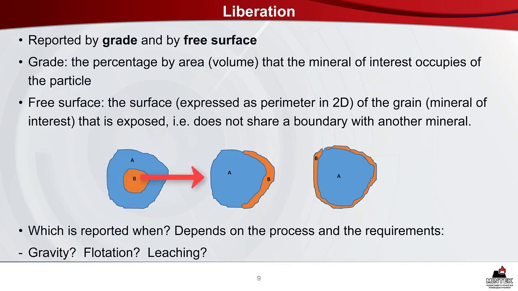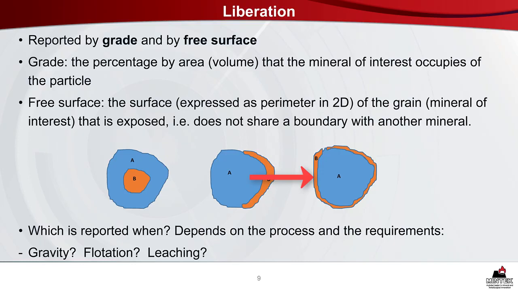In the middle particle, 50% of mineral B is exposed to the outside, and 50% of mineral B is attached to mineral A. And funny enough, say it is here. 50% of mineral B is touching mineral A, and 50% of mineral B is exposed to the outside. So if you say, how liberated is mineral B, it's 50%.